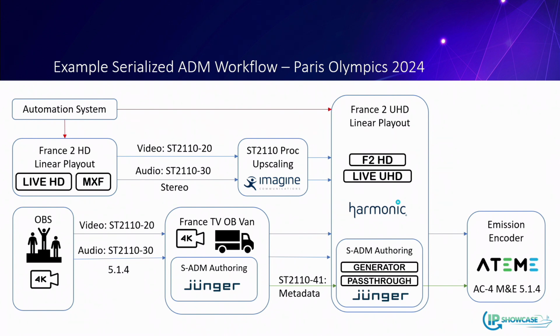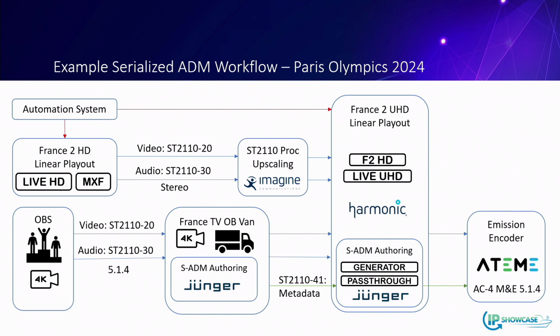And there's a switching that occurs through master control, which switches between the two sets of authored metadata, along with everything else, the audio and video, driving the ATEM encoder. So the ATEM encoder doesn't care too much about what's going on upstream.